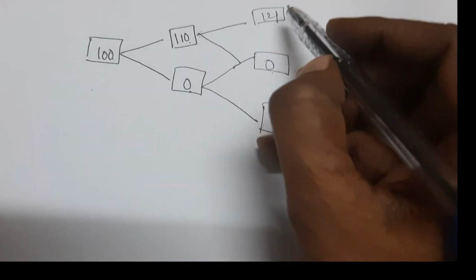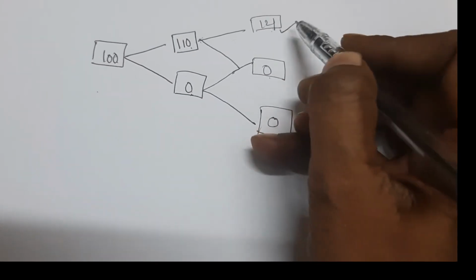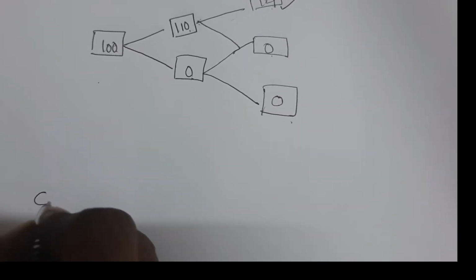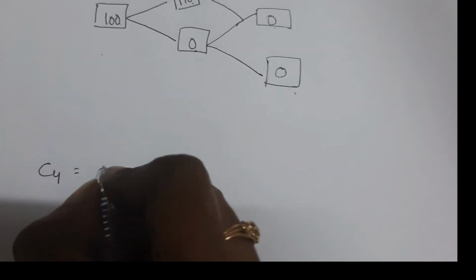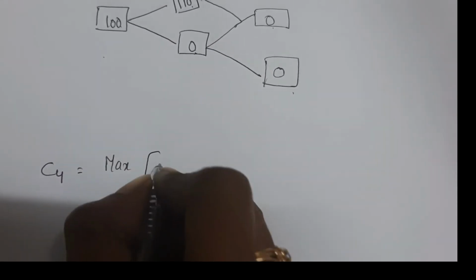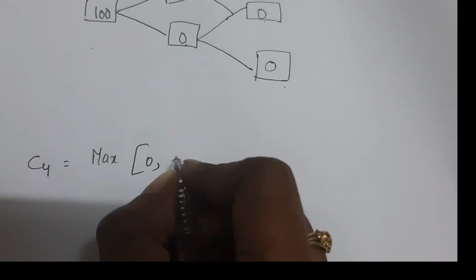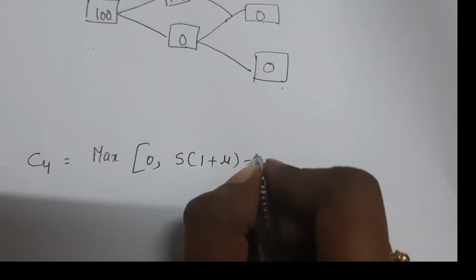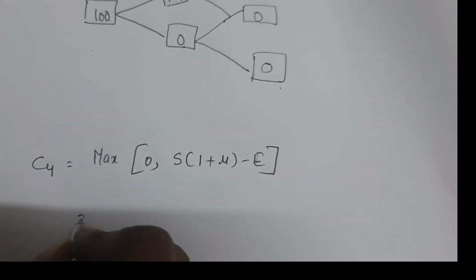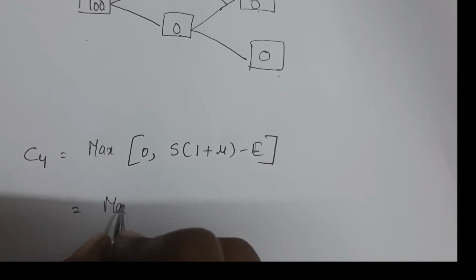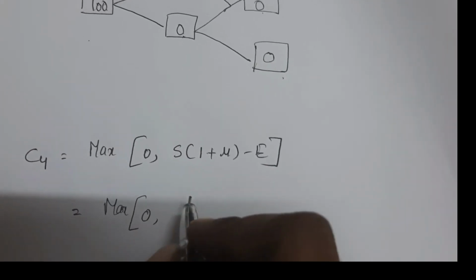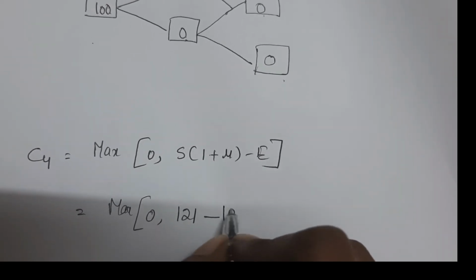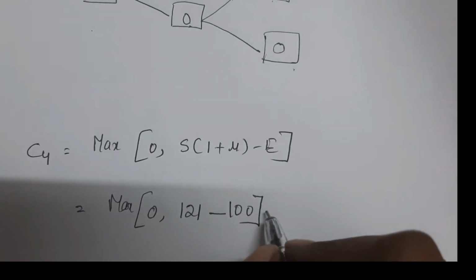First we will see the 121 stage in the second period. The formula is Cu is equal to max of 0 or S into (1 plus U) minus E. Put together, it becomes 121 minus the exercise price, which is given as 100.